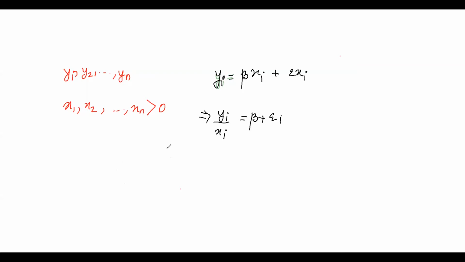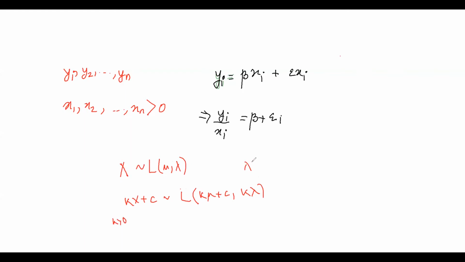Before that, let's see a property of the Laplace distribution. If X follows Laplace with parameters mu and lambda, then kX plus c follows Laplace. Here mu is the mean and lambda is the scale, related to the standard deviation. So it follows Laplace with parameters k mu plus c and modulus of k times lambda. If k is positive, it's k lambda.